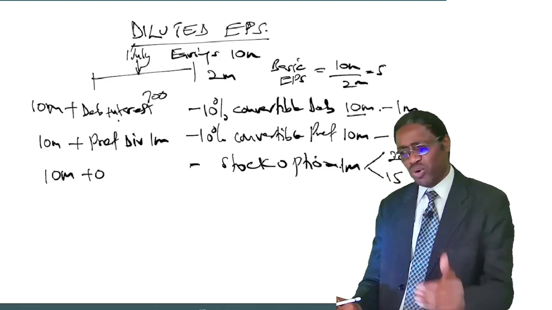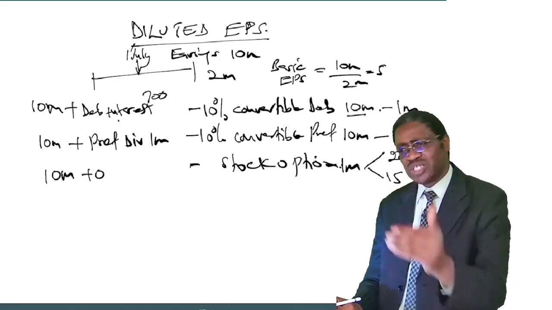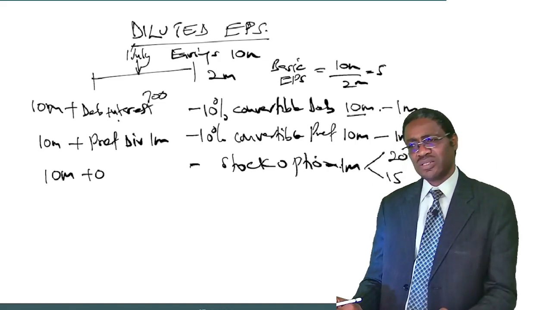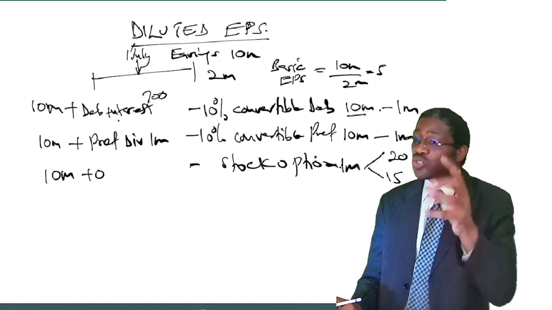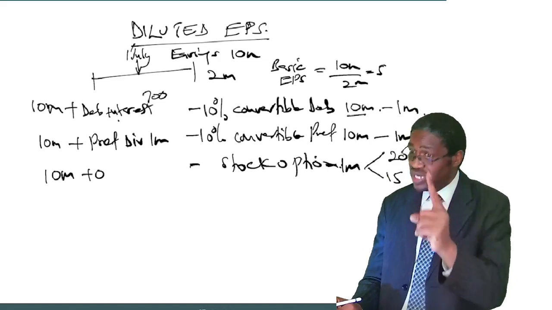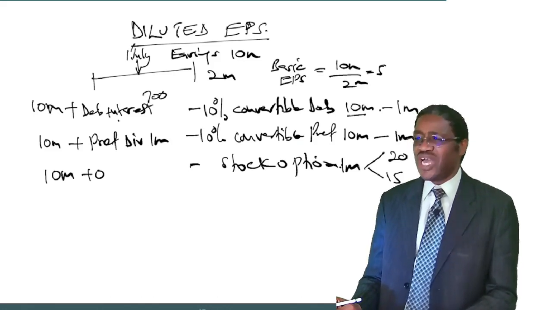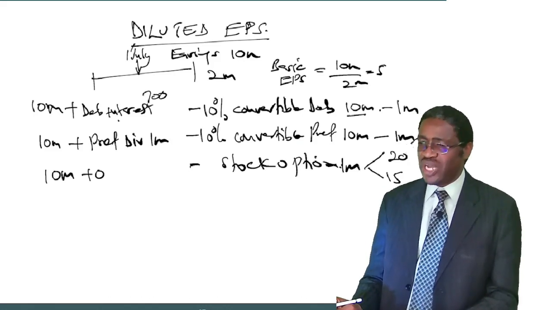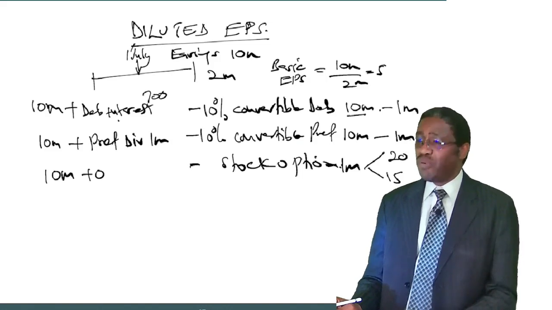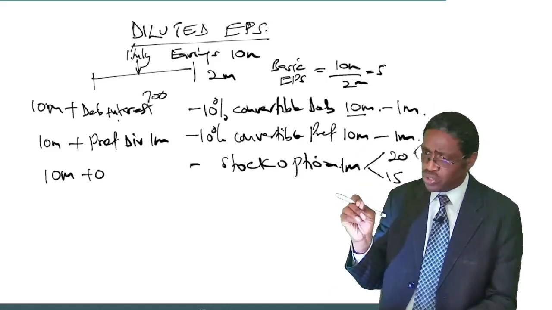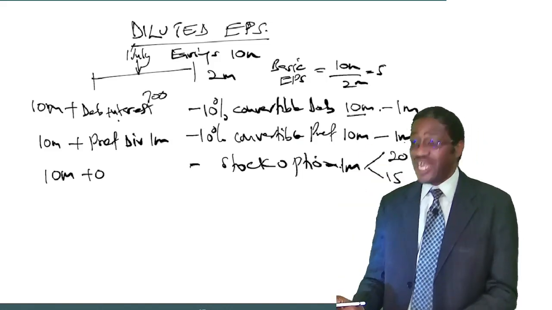But they have not bought yet; they will buy the shares in future at 15. So not all of the 1 million shares are considered dilutive. We said only the bonus share element in the stock option is considered to be dilutive.